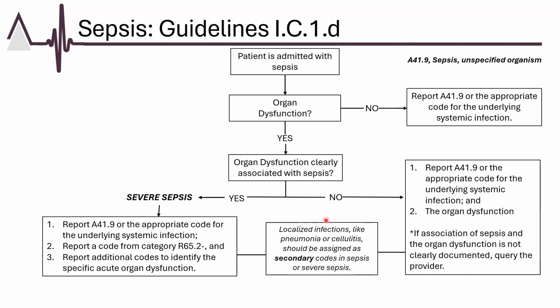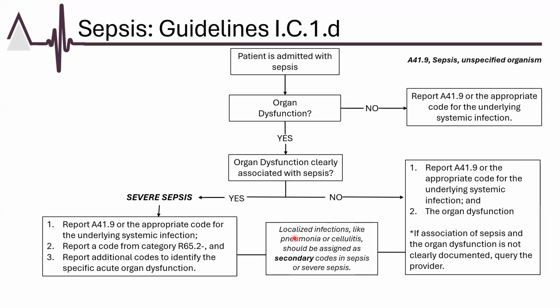We also have a note over here that's linked to both of these that says localized infection like pneumonia or cellulitis should be assigned as a secondary code. You remember from our question that the patient also has pneumonia. So in our case, not only would we report the systemic infection of sepsis from group B, but we would also want to report a code for the pneumonia.